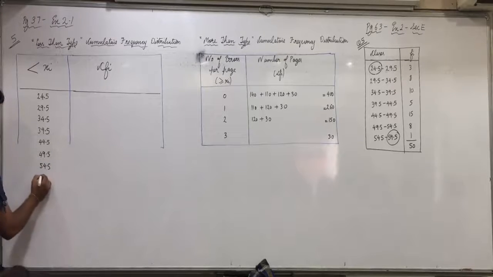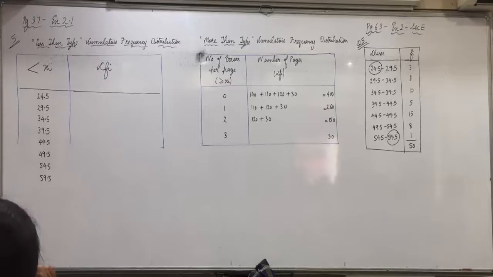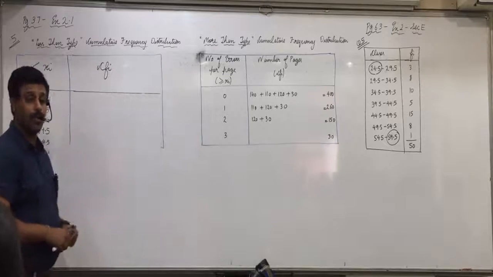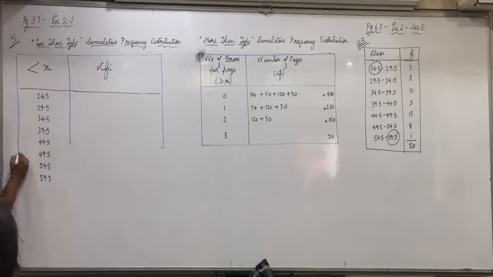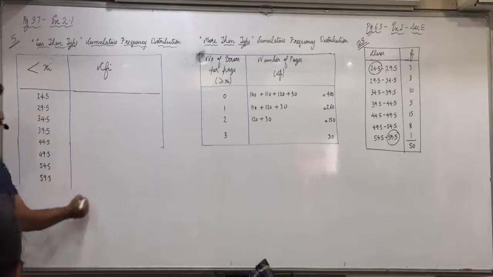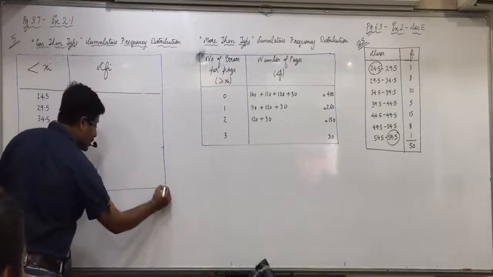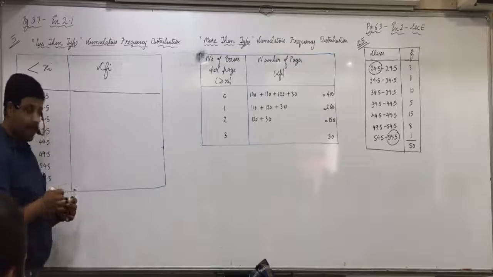Sorry, one more, 59.5. Okay, once again you'll start from the lower boundary point of first class and you'll end at upper boundary point of last class. Understood that? Now see one more note I made you write.